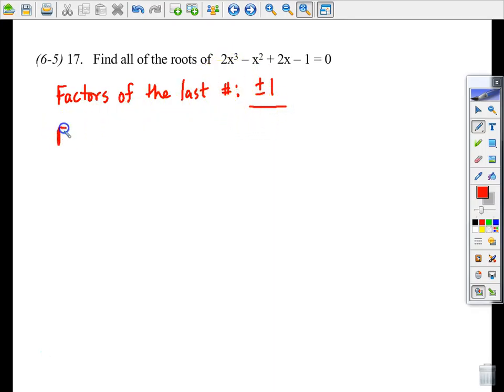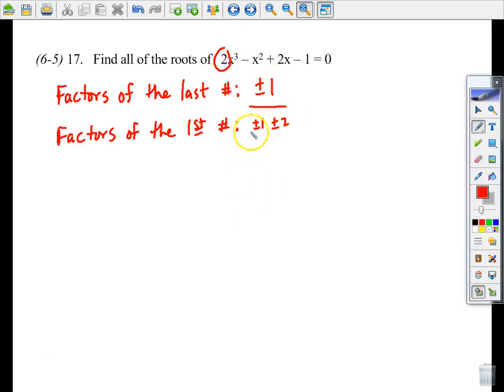We're going to do the factors of the first number. And what we're talking about here is the very first coefficient of the polynomial, which is 2. Well, the factors of 2 are positive and negative 1 and positive and negative 2. Those are the only numbers that we could multiply to get positive 2.